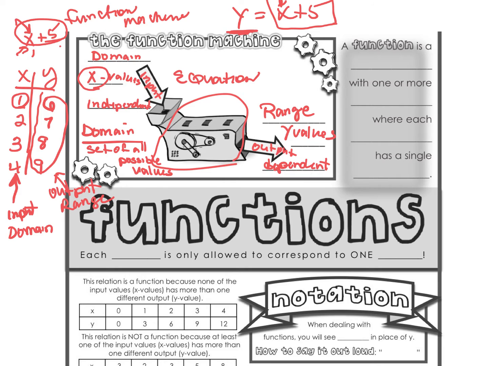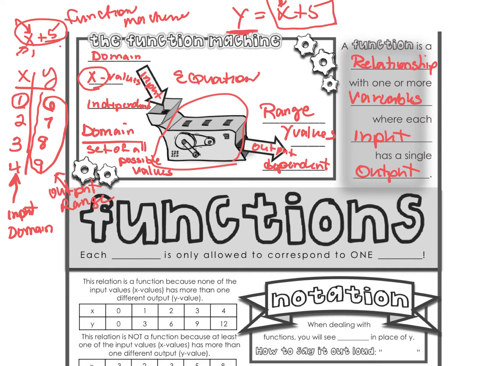Okay? A function is a relationship with one or more variables where each input has a single output.